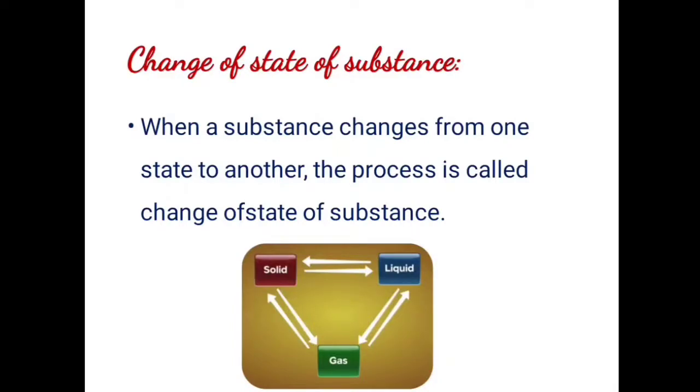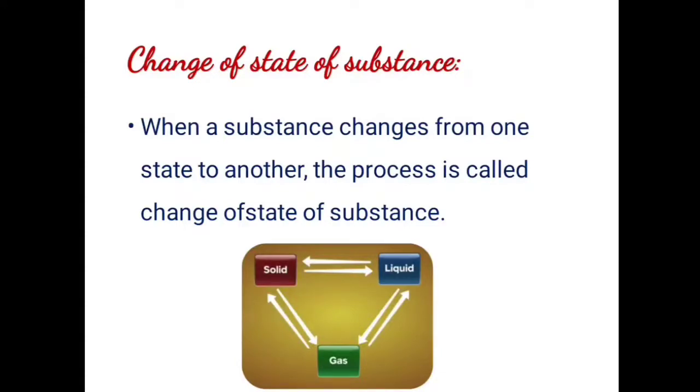Gas is again converted into solid or gas is again converted into liquid, right? So this change of substance from one state to the other, this whole process is called change of state of substance. Okay.